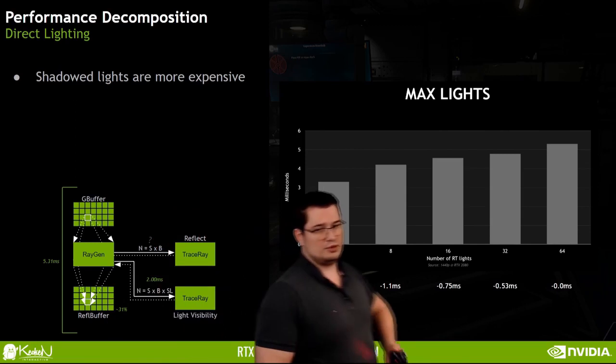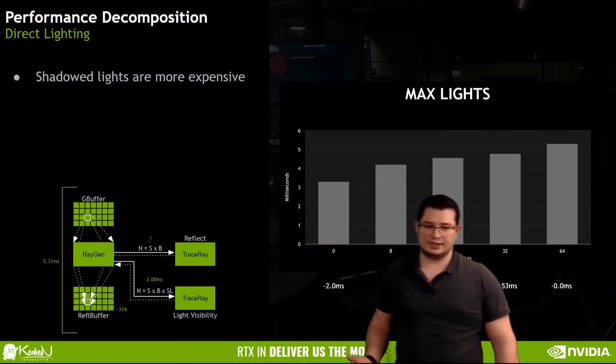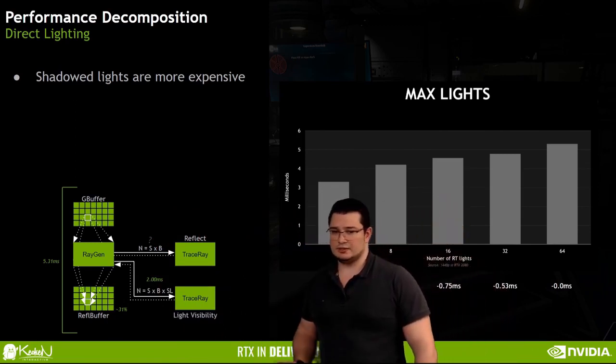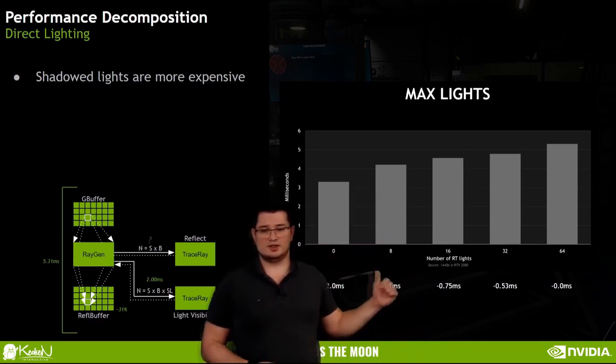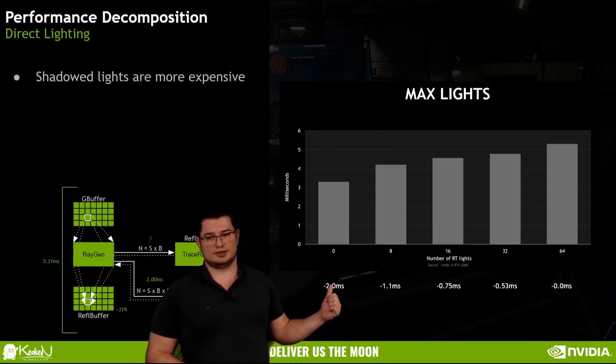So what is the most beneficial for your scene, visual quality wise and performance wise, is up to you. However, 0 lights is usually not the choice because your scene will not be lit.